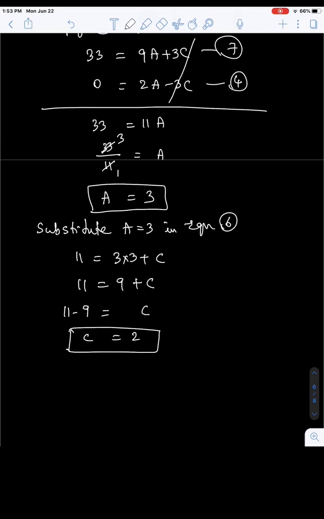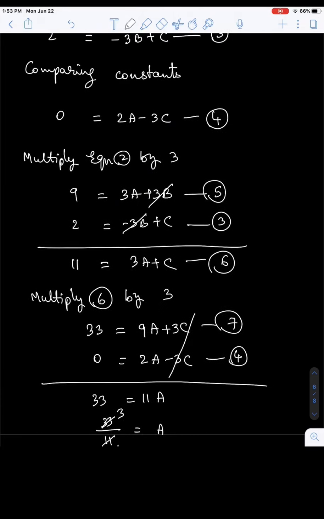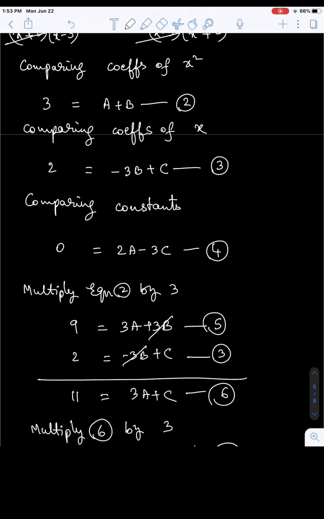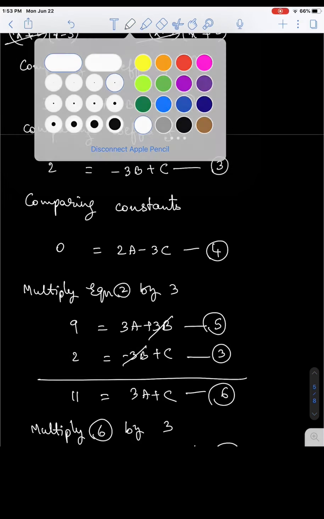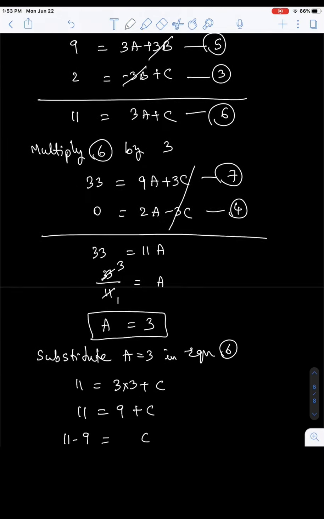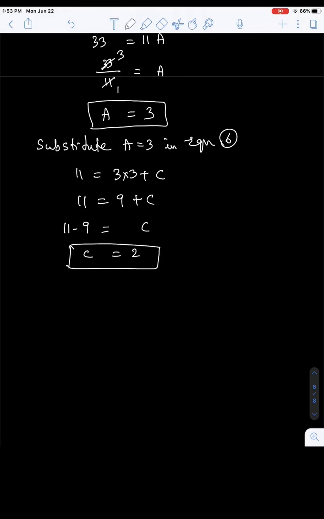This is one number, this is the other number. We want b also, no? So to get b, let us take a plus b is equal to 3, equation 2. Put the value in it.